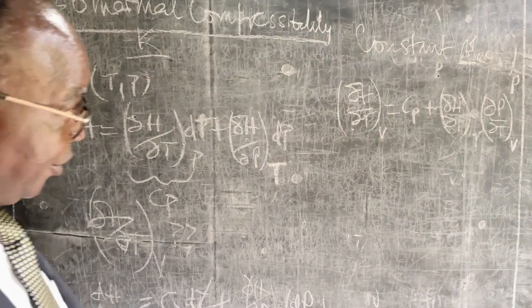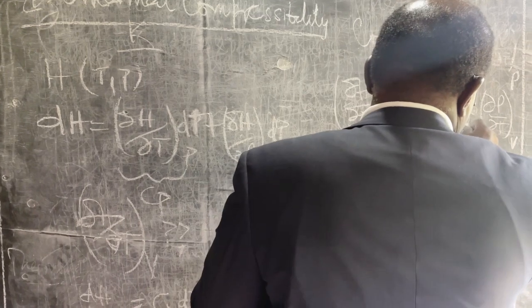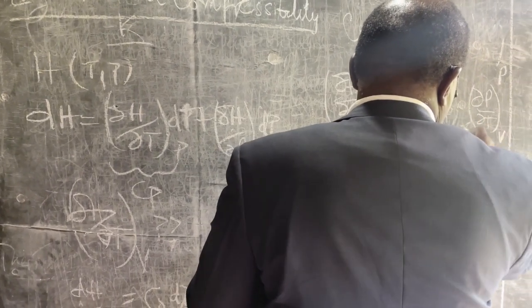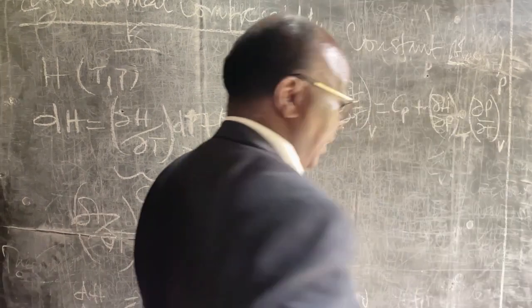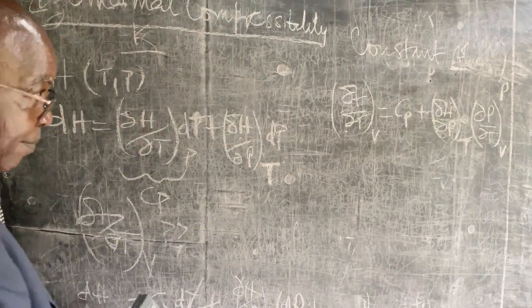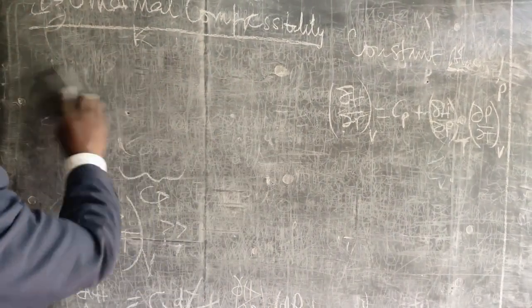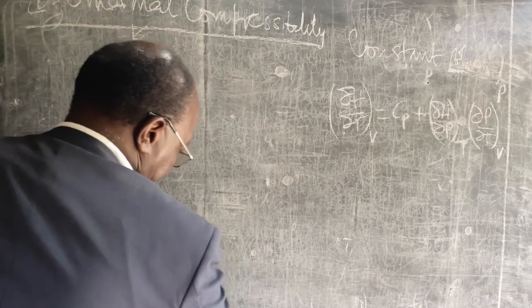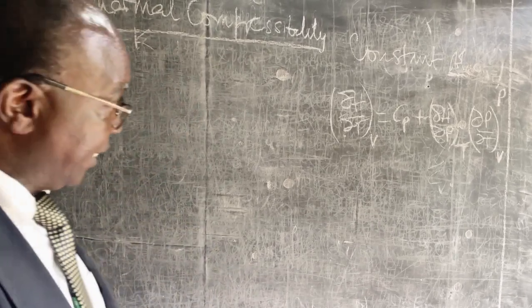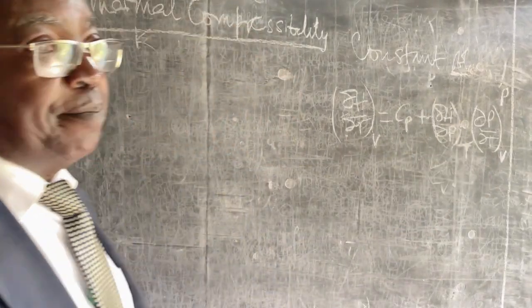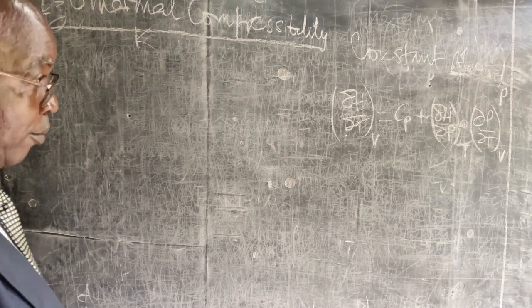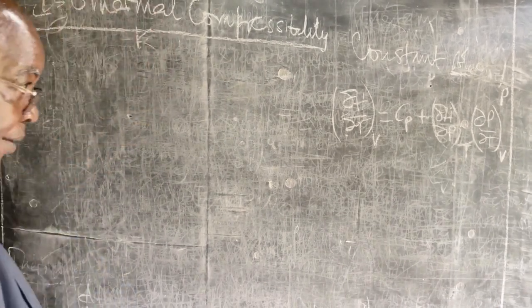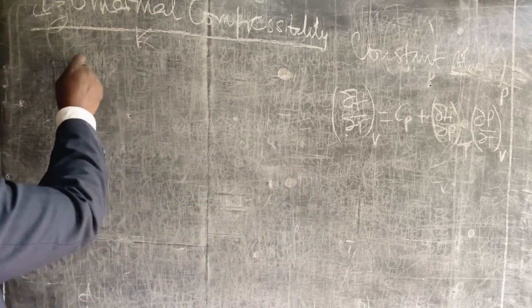Now, we have two coefficients which we deal with, (∂H/∂P) at constant T, and (∂P/∂T) at constant V. So let's start by looking at ∂P/∂T. And it will be from the other coefficient, ∂H/∂P, that will be the basis of the next lecture. That will be the Joule-Thomson experiment.